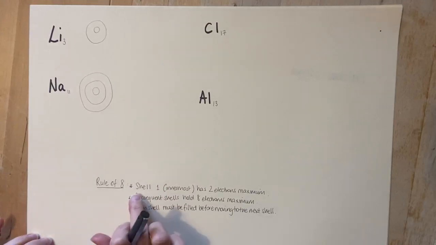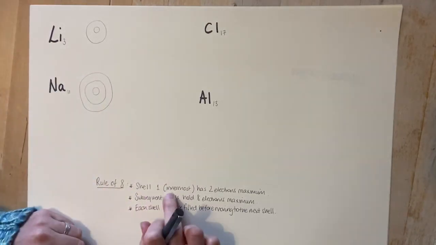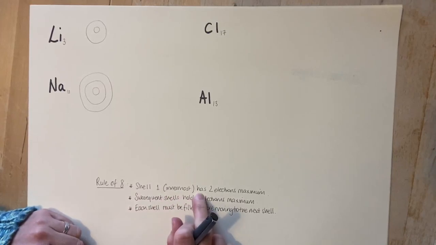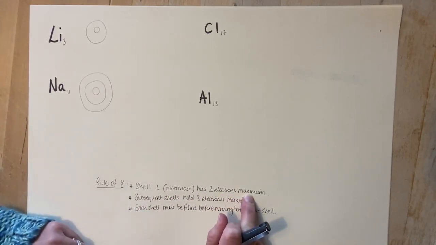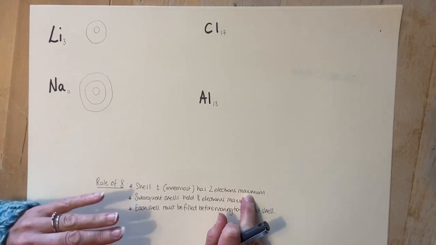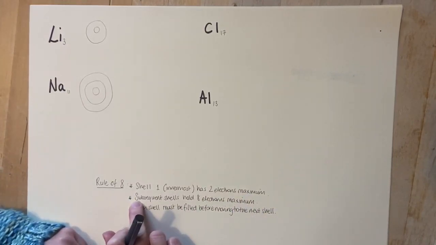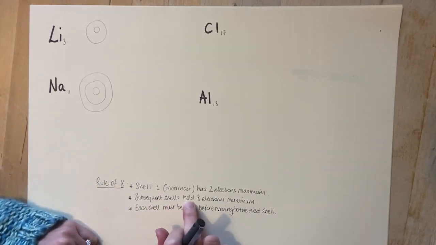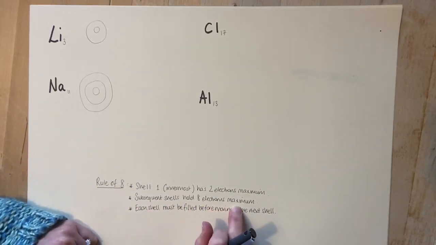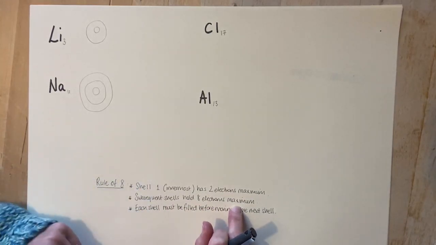The first rule is the very first shell, the innermost electron shell, can only hold 2 electrons maximum. It can hold less, it cannot hold more. Every subsequent shell, so every shell after the innermost one, can hold a maximum of 8 electrons. It can hold less, but it cannot hold more than that.